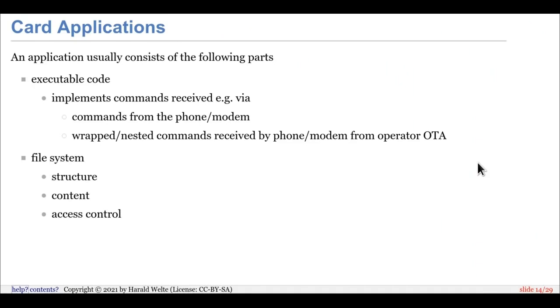But also commands that are wrapped or nested in this, which the phone receives via over-the-air channels from the operator. So you can implement commands for both of those cases. And in addition to that, you have a file system, which again has the structure, the content, and the access control associated with it in this application.